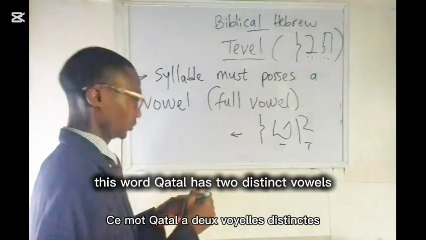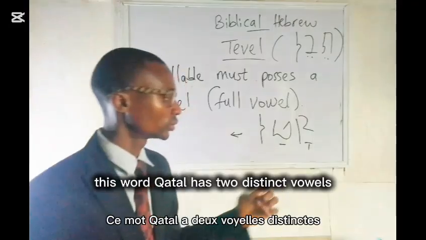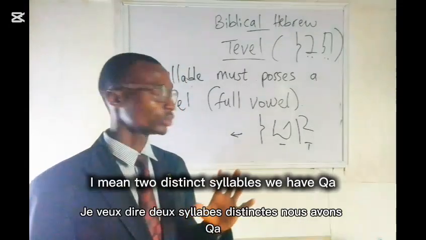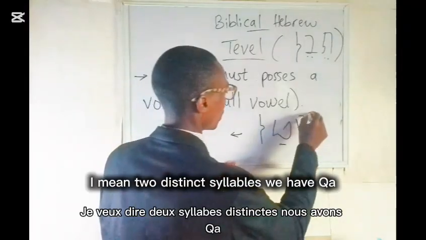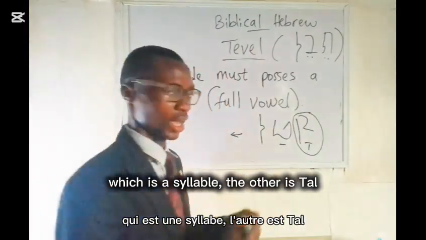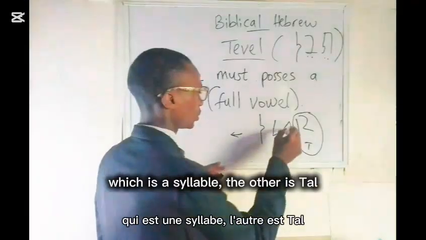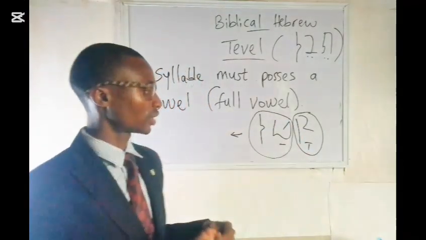And now this word kata, we have two distinct vowels, two distinct syllables. We have ka, which is a syllable. We have another one, ta, which is another syllable.